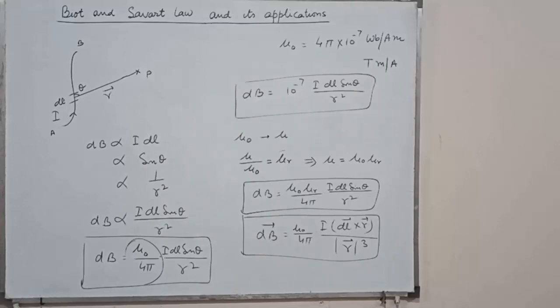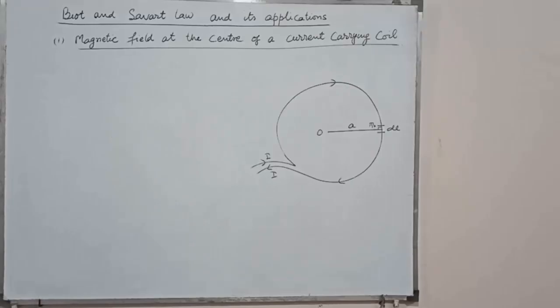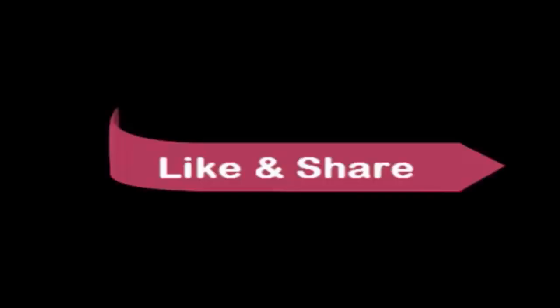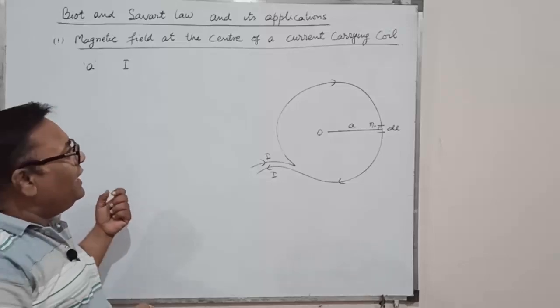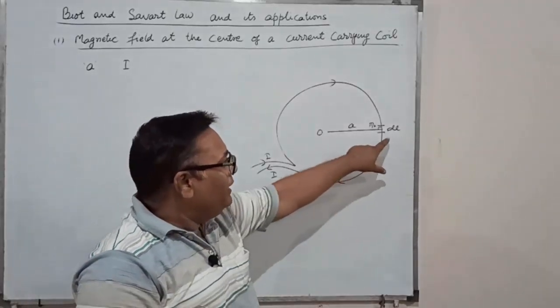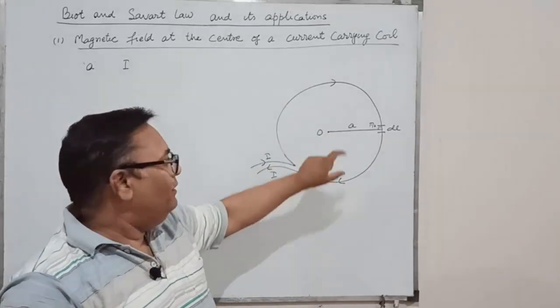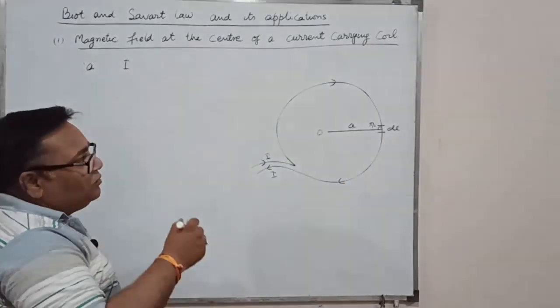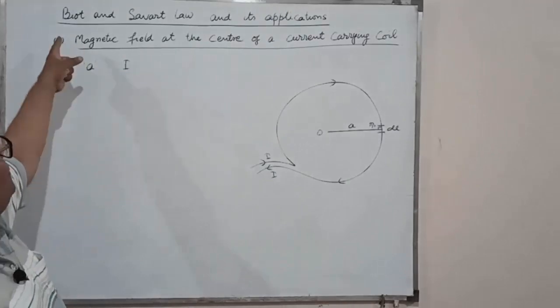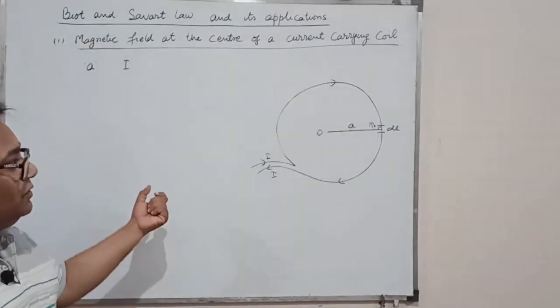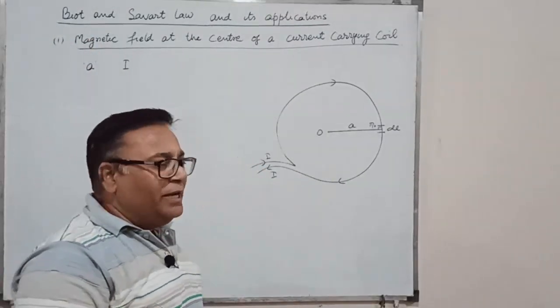Then, applications of Biot and Savart law. We have to calculate the magnetic field intensity at the center of this circular coil. First we have to apply Biot and Savart law. Then what is the current element?